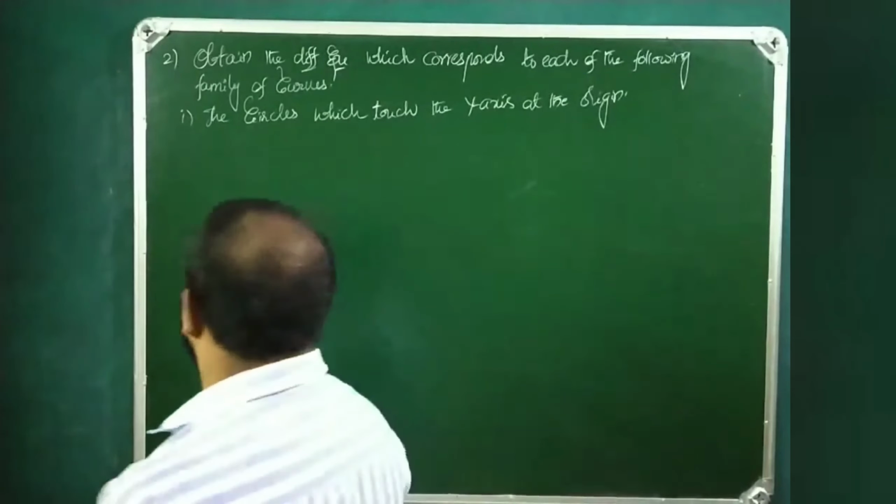This is x square plus y square minus 2x square minus 2xy dy by dx equals 0. This gives y square minus x square minus 2xy dy by dx equals 0. This is the required differential equation, corresponding to the family of all circles which touch the y-axis at the origin.